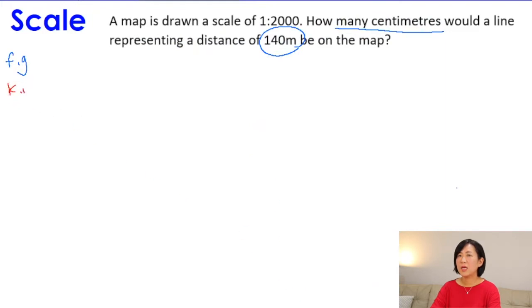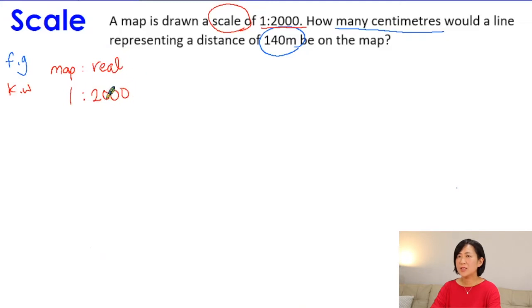Then our keyword is the map scale, that is 1 centimeter on the map represents 2000 centimeters on the ground. The real, so we can write the ratio of map to real is 1 to 2000.